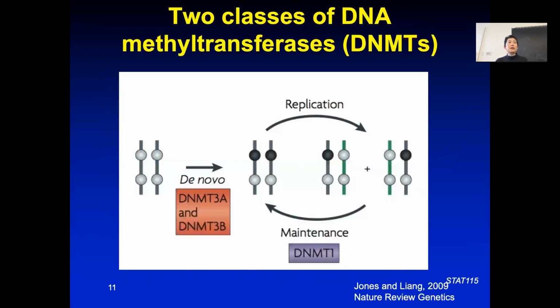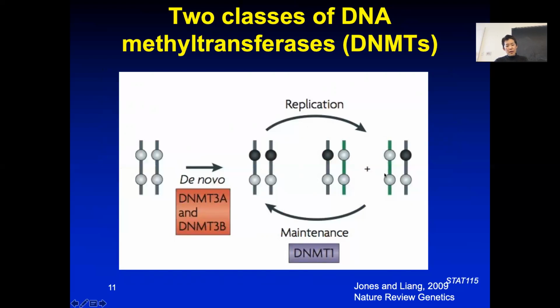There are enzymes in the human genome that create this methylation, but there are two types of enzyme. The first type does de novo DNA methylation. For example, if a cell state was previously not methylated, but then some regions become methylated, there are enzymes in charge of doing this.